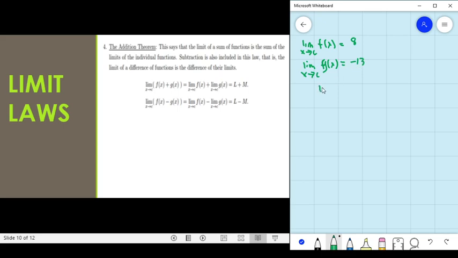So to find the limit of f of x plus g of x as x approaches c is equal to 8 plus the negative of 13, or that would be equal to negative 5. So just add the two values of the two functions. Okay.